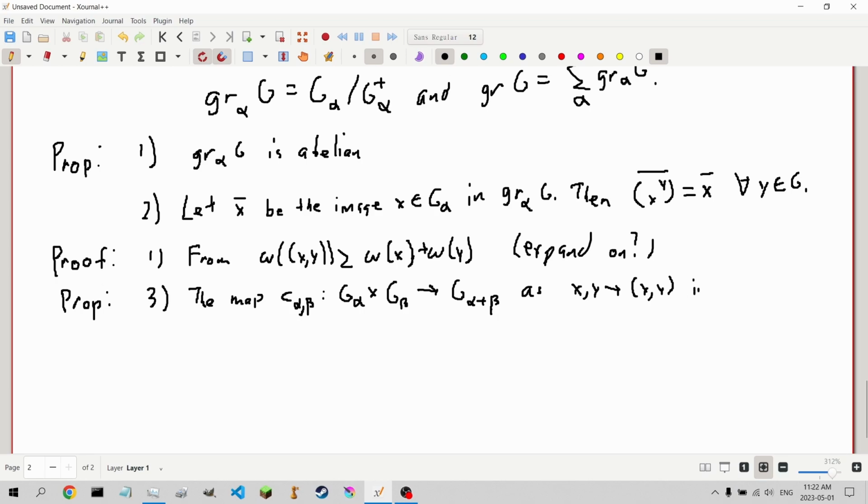The idea here is that this induces a bilinear map C bar of alpha and beta from GR alpha of G and GR beta of G to what you would expect, GR of alpha plus beta of G.